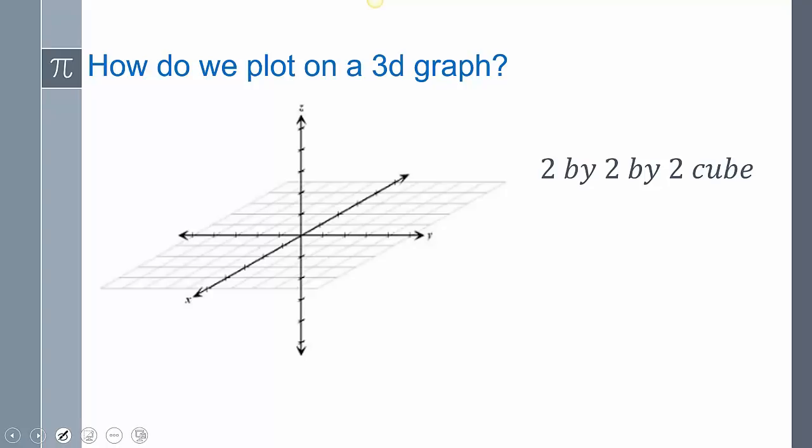So this one, a 2x2 cube. So 2x2. I'm just going to set the cube there in the corner. So 1, 2. So I have this part of the cube here. Now it has to extend up 2 spaces. So 1, 2, right? So it's moving up the 2 spaces.